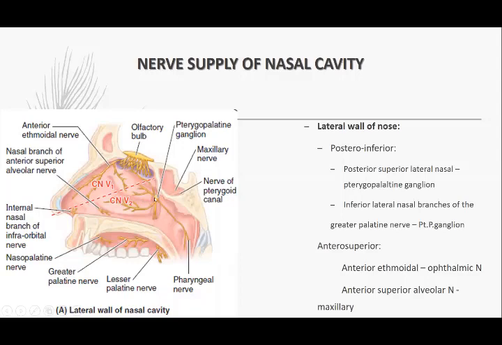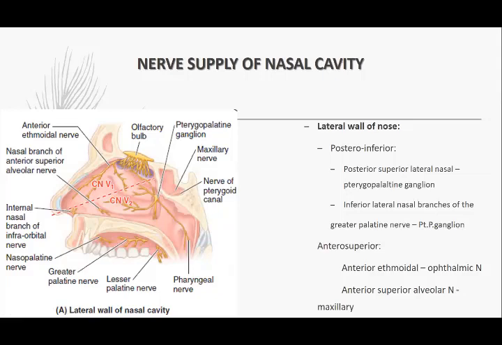Okay? Which branches? Posterior superior lateral nasal here, and then over here you have the inferior lateral nasal branches. And the anterosuperior part gets branches of the anterior ethmoidal, and then you have branches from the maxillary, the anterior superior alveolar, which is a branch of the maxillary.